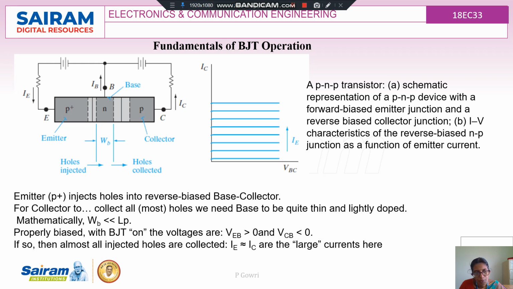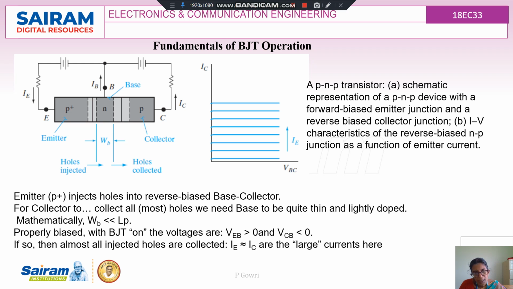Here, if we take the VI characteristics, this is the output characteristics of the transistor in common base mode. Here VBC is the voltage measured between the base and the collector terminal, and IC is the output current.